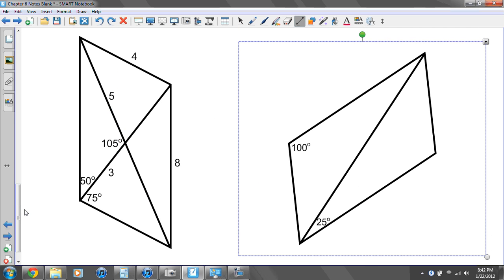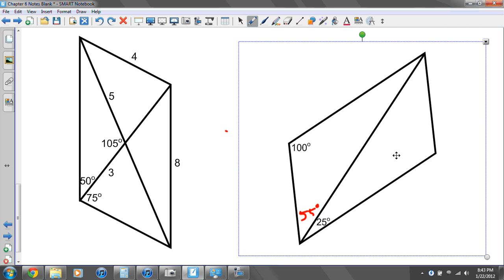Okay, so if we use all these properties, I should be able to fill in any of these missing parts here. So let's start with just an easy one, just the angles. Since I know that these are supplementary, so this angle and this big angle, I know that 100 plus 25 is 125, which means I am missing 55 degrees to make 180.